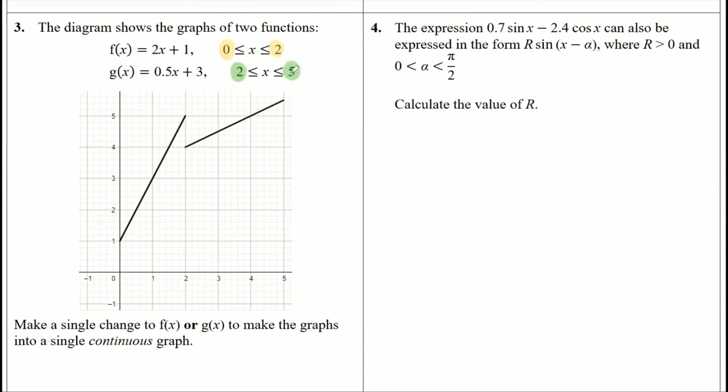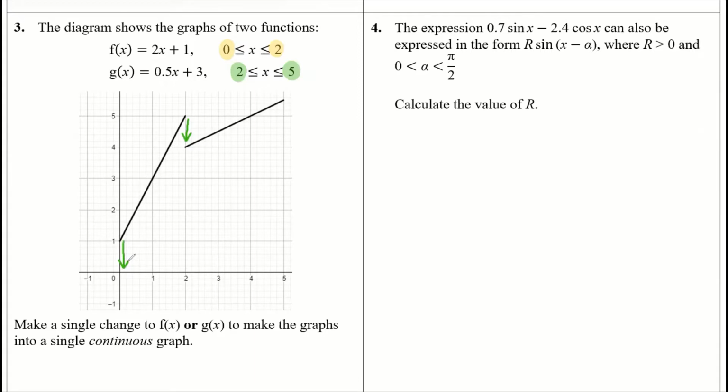To make it a single continuous graph, one of the things you can do is, I'm just going to add this to the diagram. I could basically take my f of x and drop it down by 1 unit, in other words perform a transformation in the y direction by 1 unit.